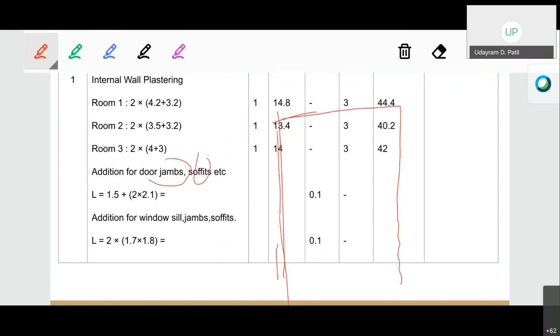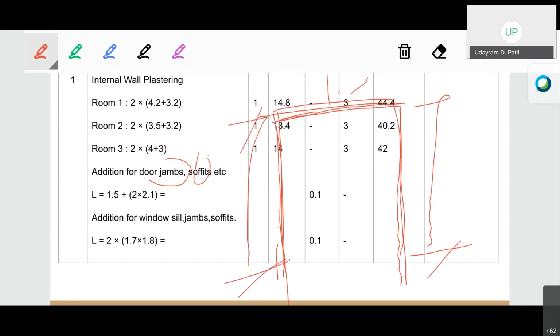Jambs will be the vertical portions and the soffit will be the horizontal or top portion of the door opening. Therefore the total length will be 1.5 plus 2.1 multiplied by 2. Height of the opening is 2.1 and the width of the opening is 1.5.